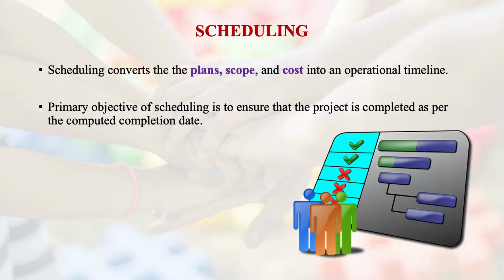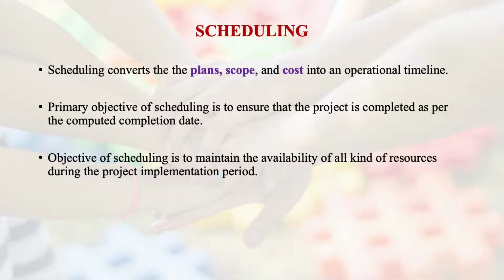The primary objective of scheduling is to ensure that the project is completed as per the computed completion date and time, and that is the essence of why we schedule. In addition, there are several other objectives of scheduling, and one of them is to maintain the availability of all kinds of resources during the project implementation period.